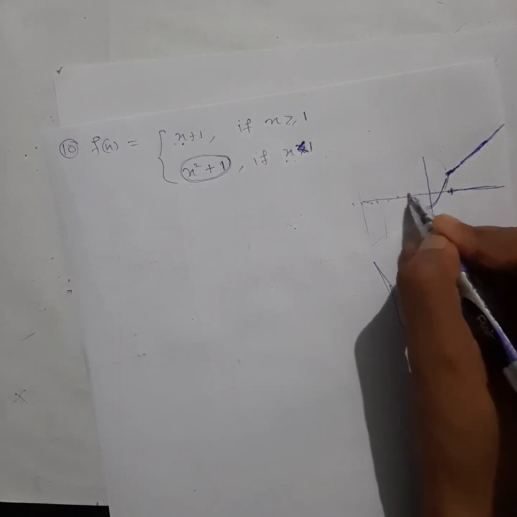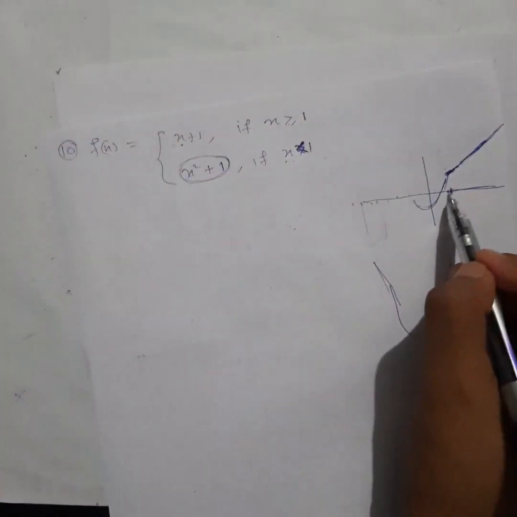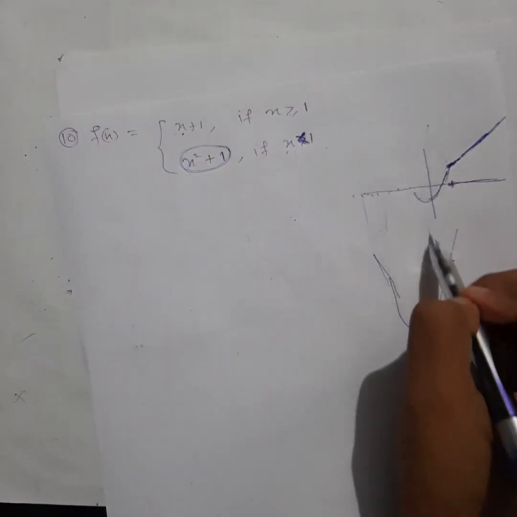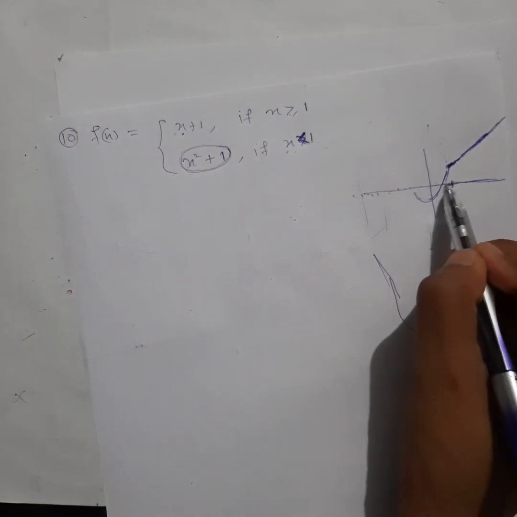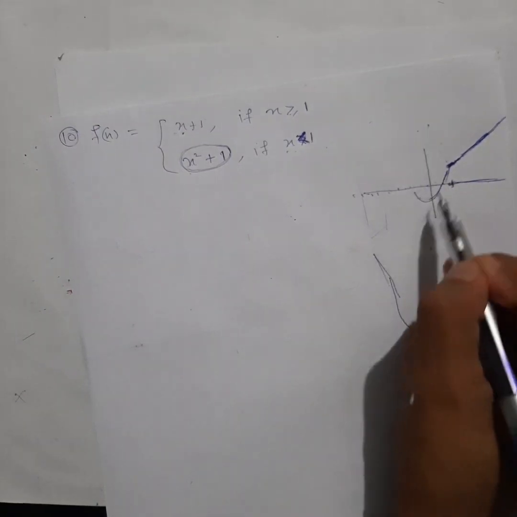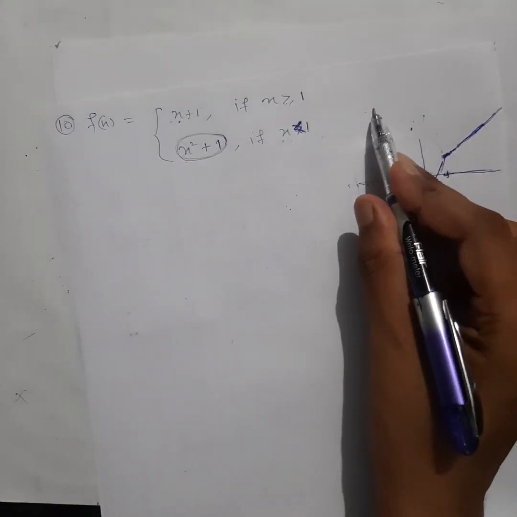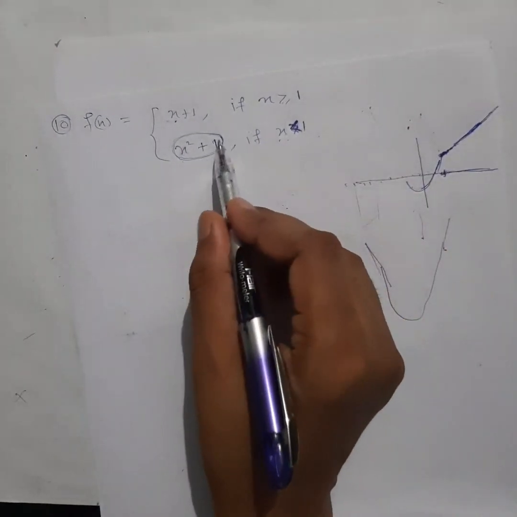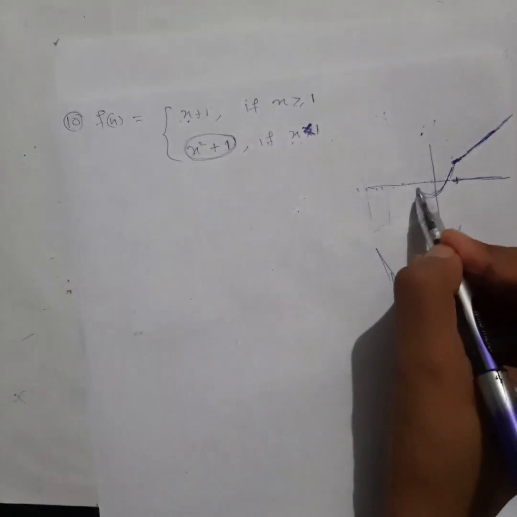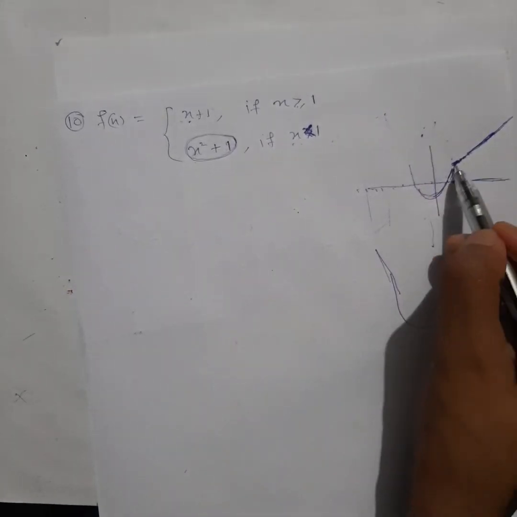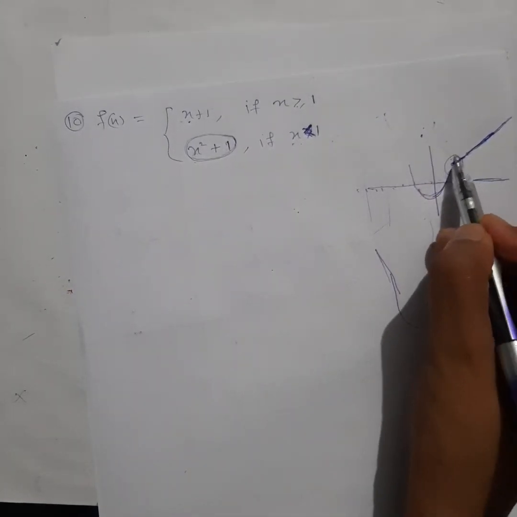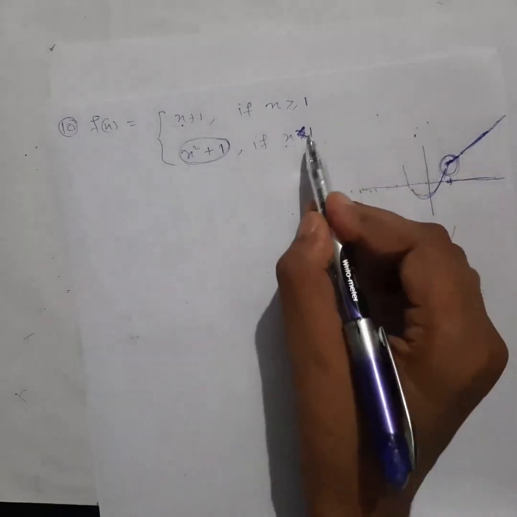Your parabola will go on your left like this, because for x here, y will obviously be upside or downside, right? The parabola will keep on moving on your left side like this, and I know that this graph will not break. So where is the chance that it will break? Only this point. So we will check at x equal to 1.